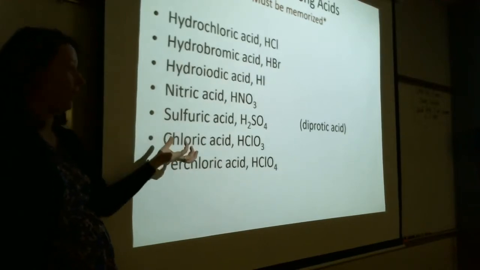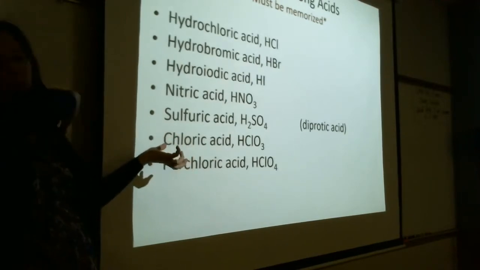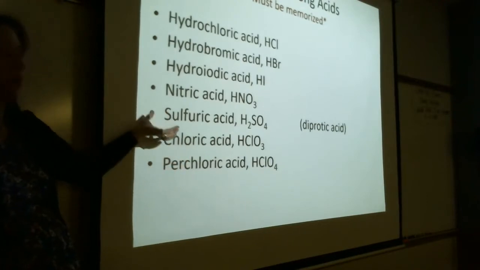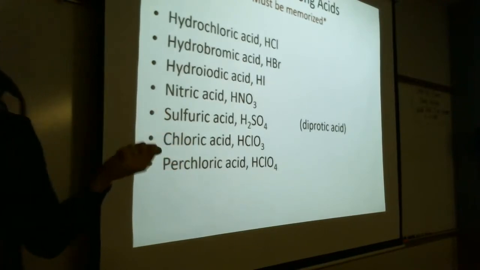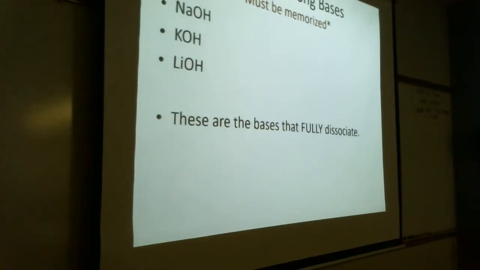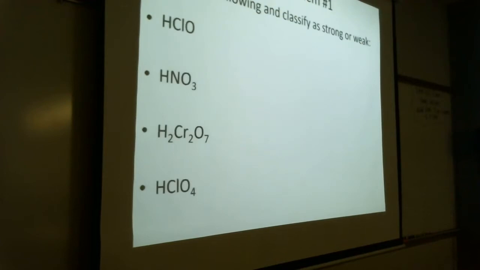So if you can just memorize the 7 that are strong, then all the other zillion acids you can come up with are going to be treated like weak acids. And then here are your strong bases, those 3. So if it's a base and it's not on this list, we're treating it like a weak base. We'll deal with weak bases when we get into Kb.